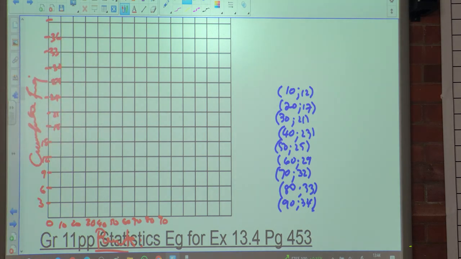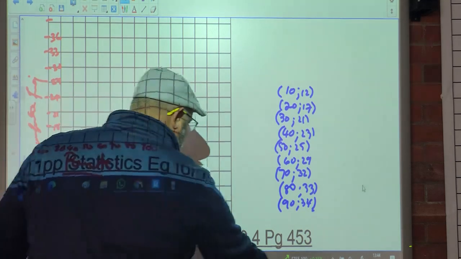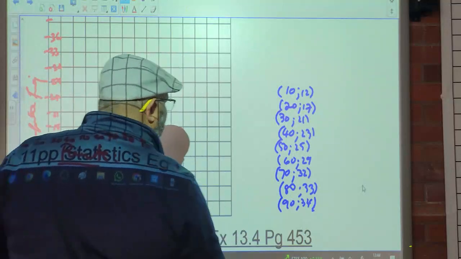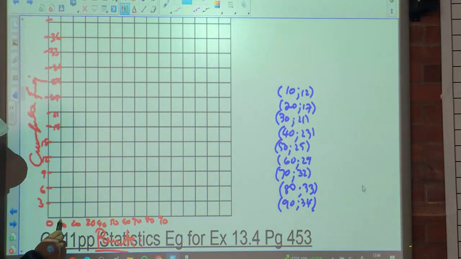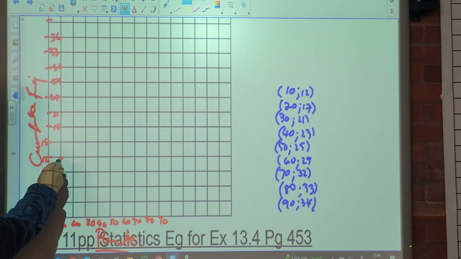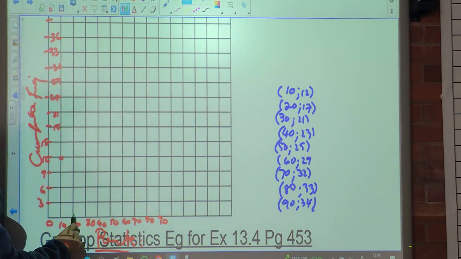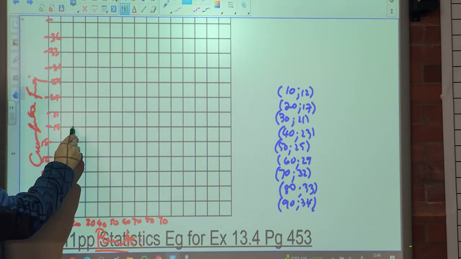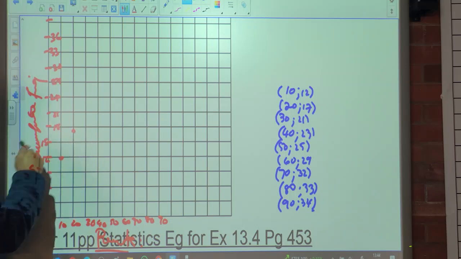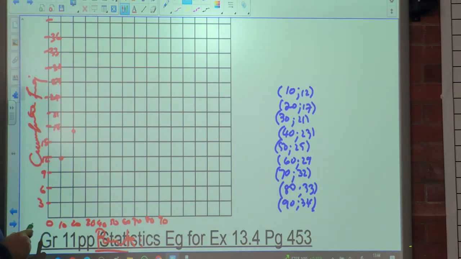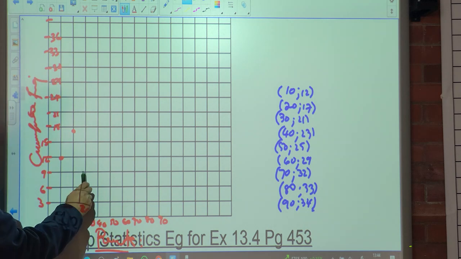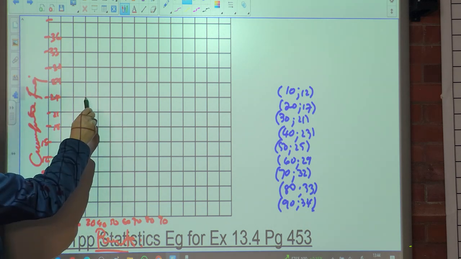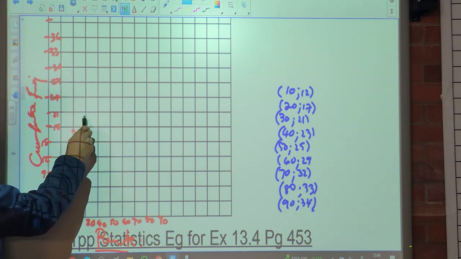Okay. So which points do we plot? We go with 10 and 12. So x is 10, y is 12. 20 and 17. So if 18 is here, 17 is a third below it. The next one, 30 and 21: 18, 19, 20, 21.